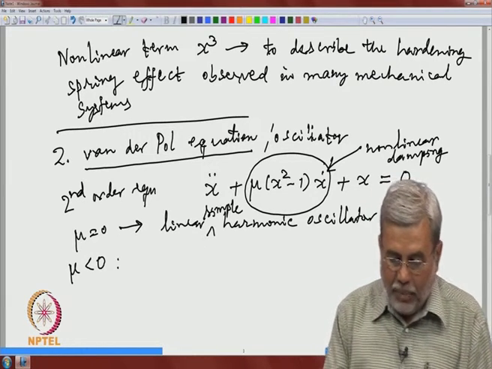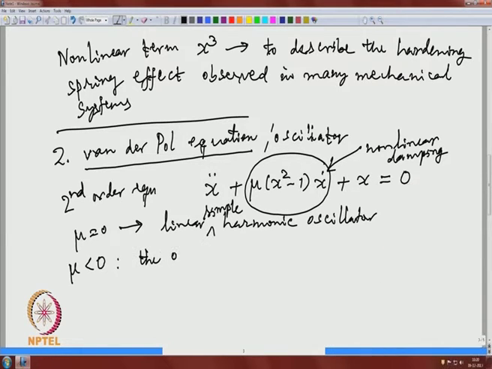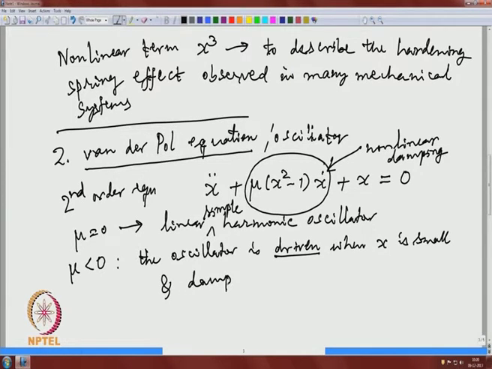So, in the engineering parlance, the oscillator is driven when x is small. We will see what that means mathematically, and damped or slowed down when x is large. Okay.